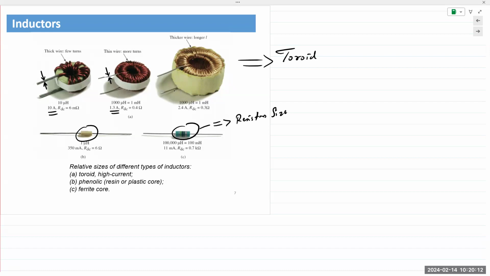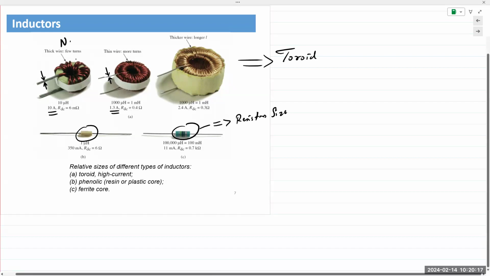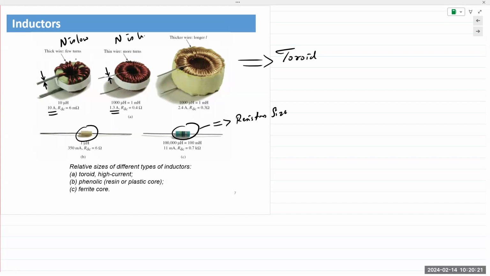If you look at the number of turns, very, very low. So N is low here, N is high for the first two inductors that are shown, and you can see that reflected in the value of those inductors.